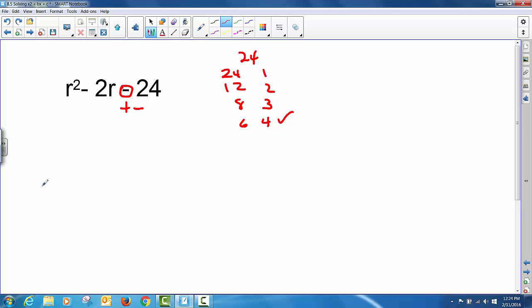So now we come over here and we put our parentheses, and we got R and plus and minus. The question is where does the 6 go and where does the 4 go? We come back here to the middle term and we look at the sign in front of it. The sign in front of it is negative. That tells you that the bigger number is going to be the negative number. So that means we have to put the 6 here and the 4 here.